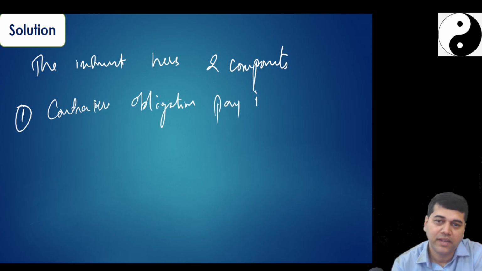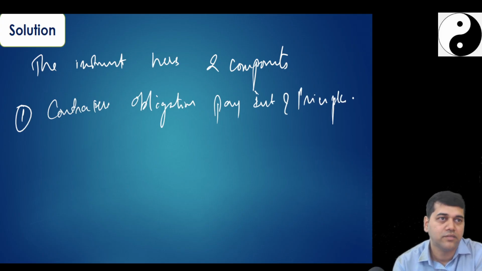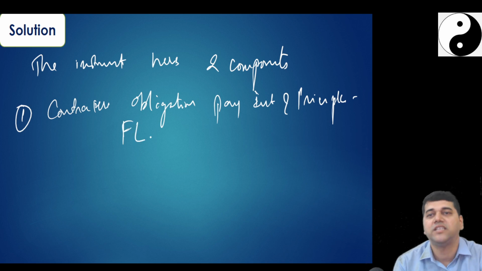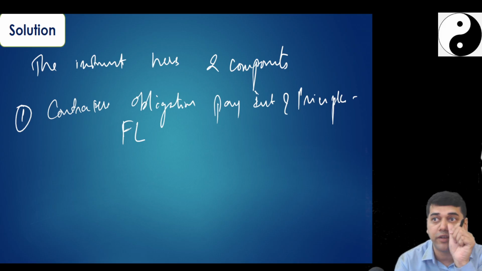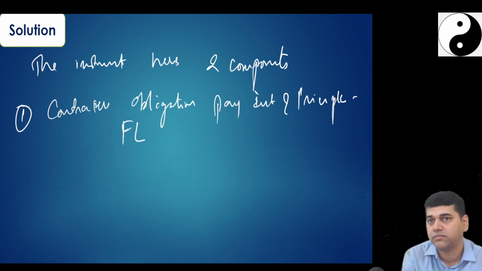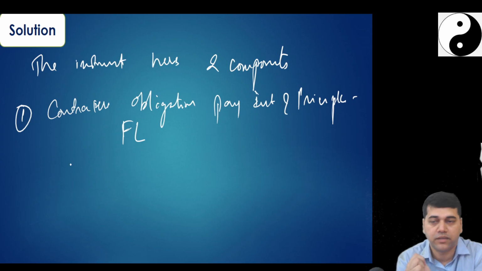To pay interest and principal. What is it? Financial liability. We got one component. So when the examiner was examining this instrument, he found there is one component of interest and principal. He will club it together because both are contractual obligations, and it's a financial liability.